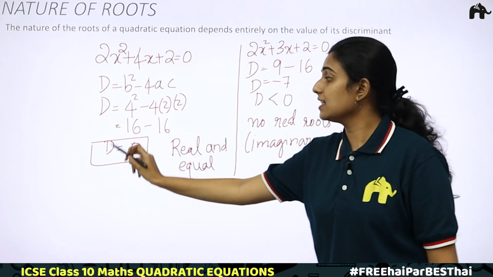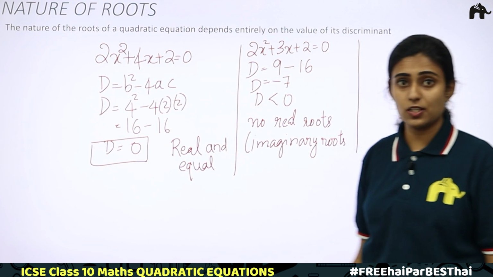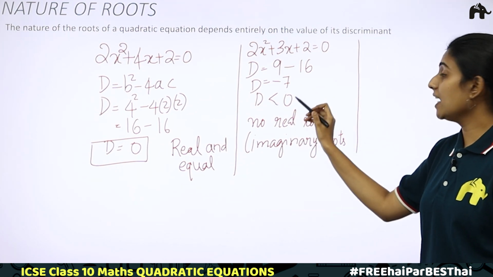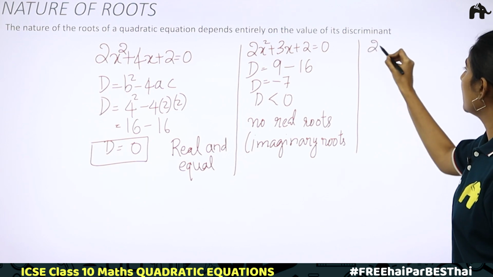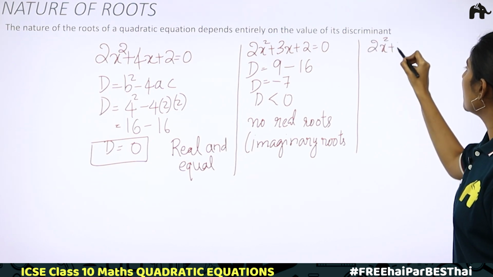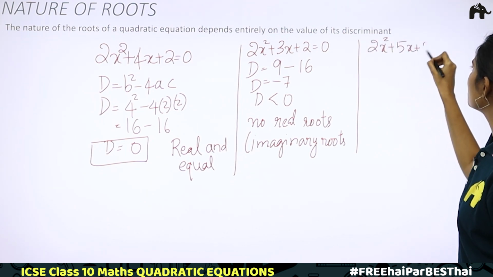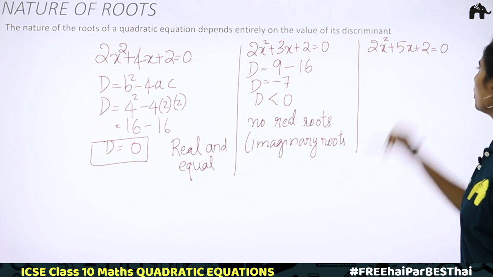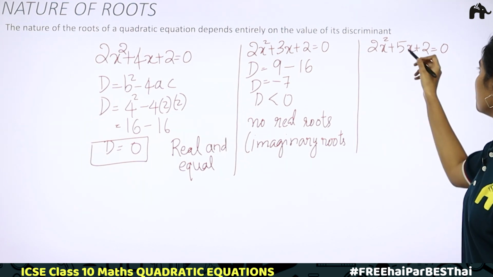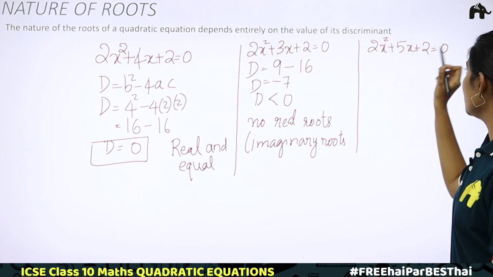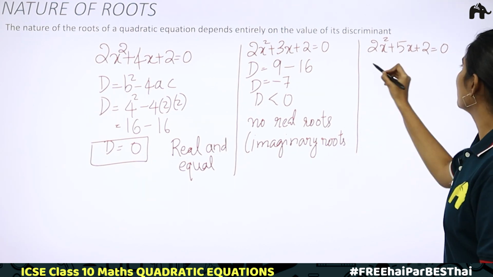Now the third case. In the first case, discriminant is equal to 0. Second, discriminant less than 0. And the third case, let's take 2x square plus 5x plus 2 is equal to 0. A is equal to 2, B is equal to 5, C is equal to 2.